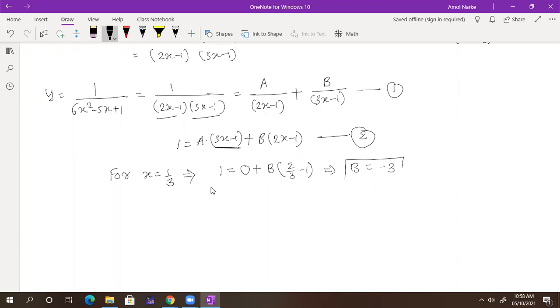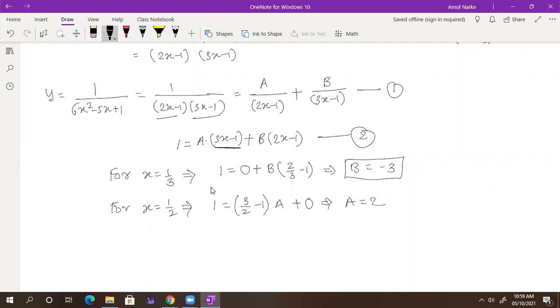Now how to find the value of A? For what value of x will I get the value of A? Sir, x equals 1 by 2. So if I substitute 1 by 2, I get 1 is equal to 3 divided by 2 minus 1 into A plus 0. So A is equal to what? A is equal to 2. Exactly. Good.